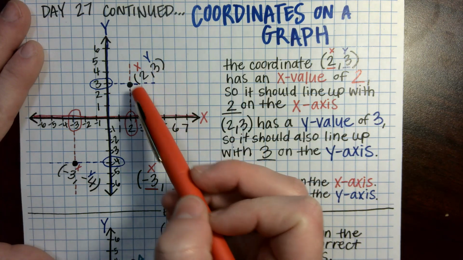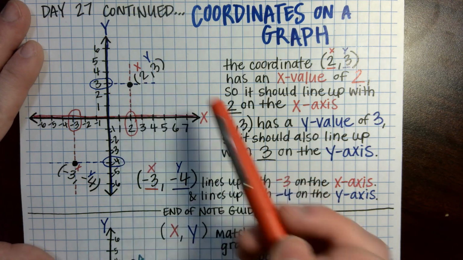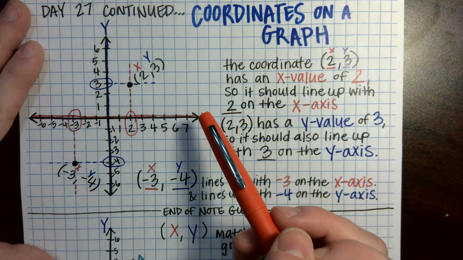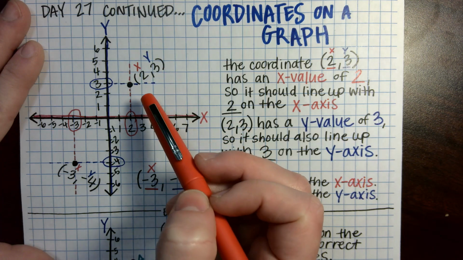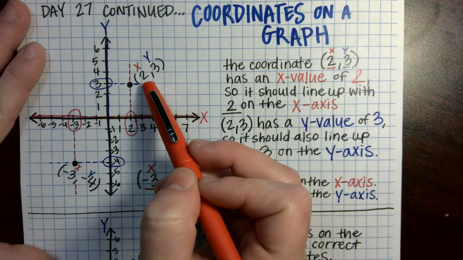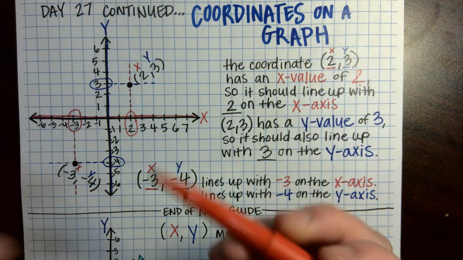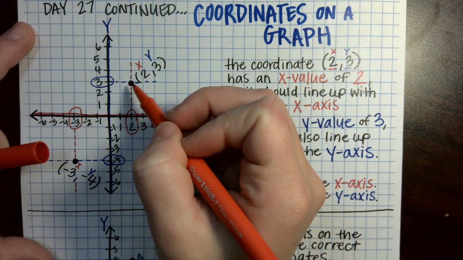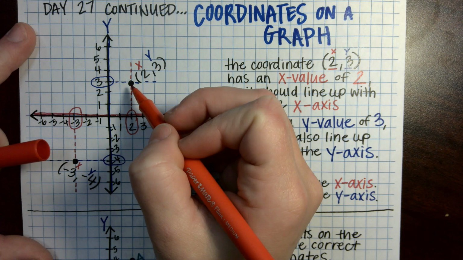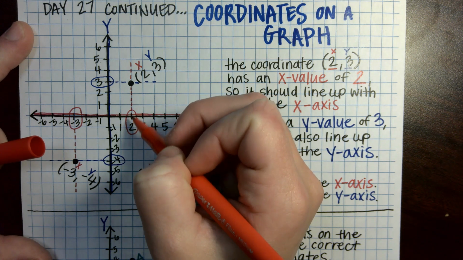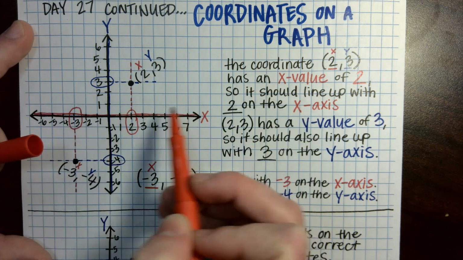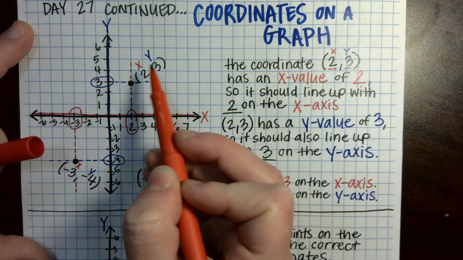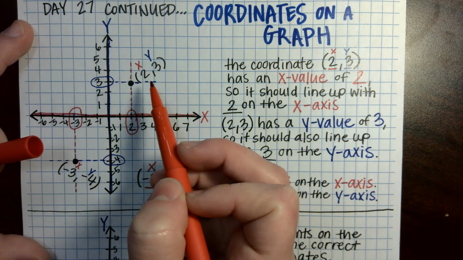Which number is the x value in this coordinate? Which one's the x? 2. So if you look at your graph, I drew a little dotted line to show you this point right here lines up with 2 on the x-axis because there's a 2 in the first slot of the coordinate.